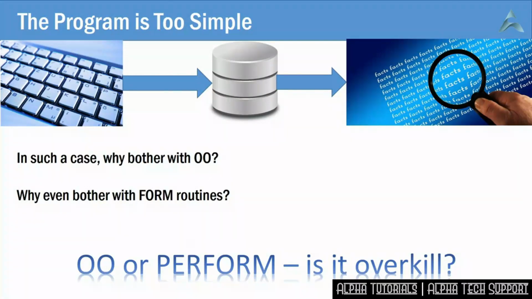All these classes seem like overkill. In fact, in such a situation, even using form routines for each different operation seems like overkill. This is why, for short programs like this, a lot of programmers just stuff all the code in a big list of statements directly after start of selection. Anything else would seem to be overkill, adding a load of complexity to the program for no benefit whatsoever.